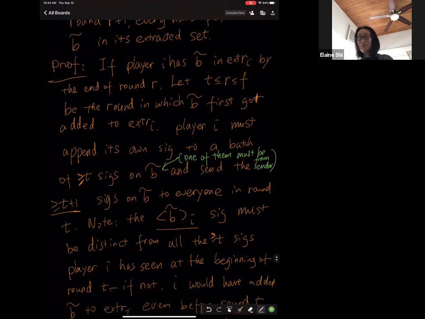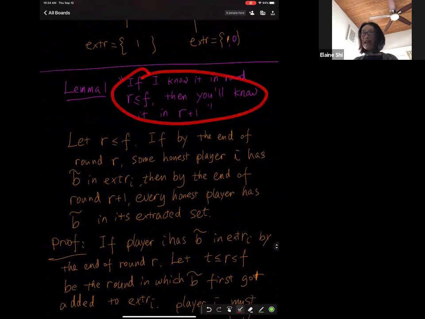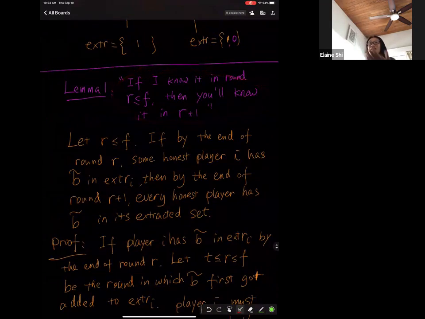And so now we are convinced that this nice property holds: if I know it now, you'll know it in the immediate next round. But the issue is, what if there is no next round? What if this is the last round? Can it happen that I add something to my extracted set in the last round, but don't have an opportunity to tell you so you can add it? How do we overcome that?